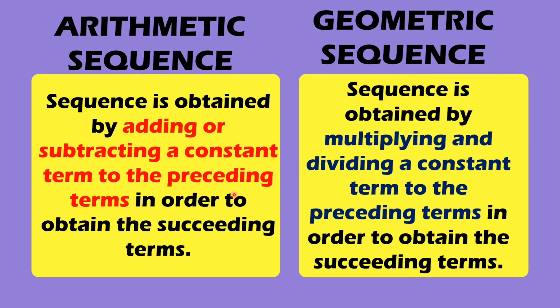Remember, adding or subtracting a constant term to the preceding terms. While geometric sequence is obtained by multiplying or dividing a constant term to preceding terms in order to obtain the succeeding terms. Again, multiplying or dividing a constant term to the preceding terms.